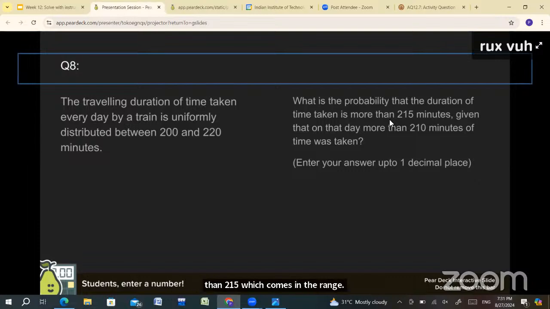Ma'am, what I have understood from this question is that two conditions are given for the probability. First condition is that between 200 and 220. And the second condition which restricts for that particular day is from 210. So below 210 for that particular day, the probability will be 0.